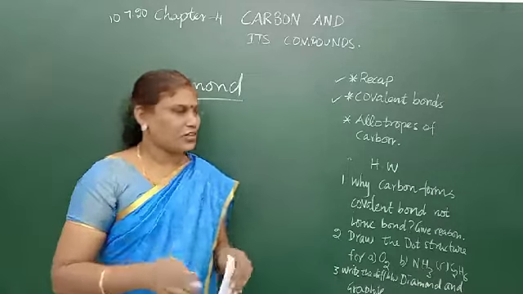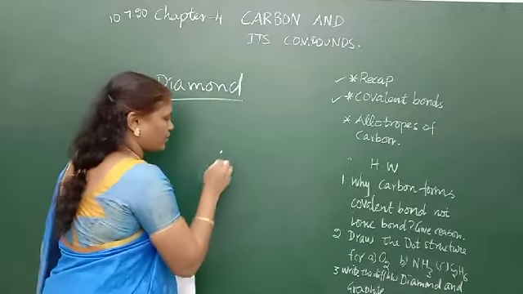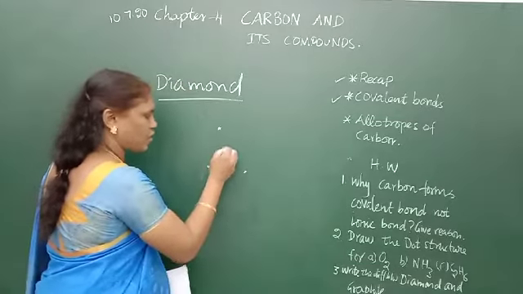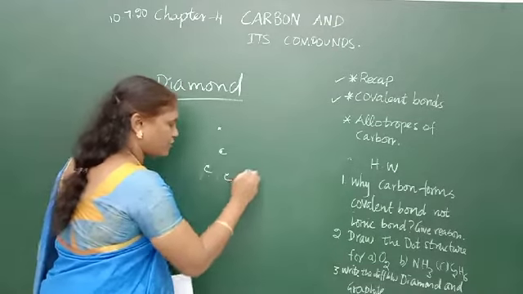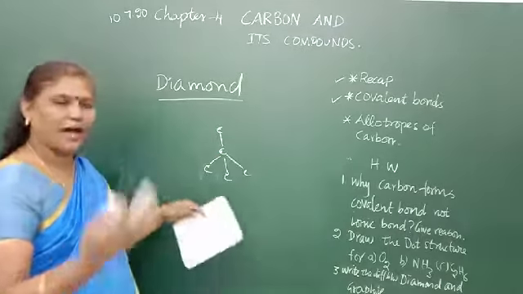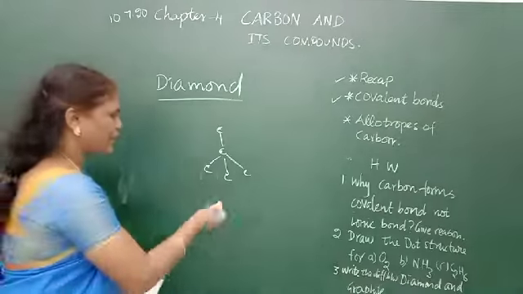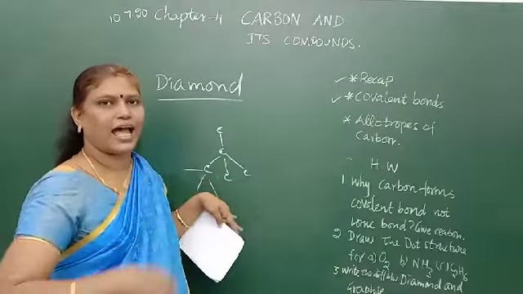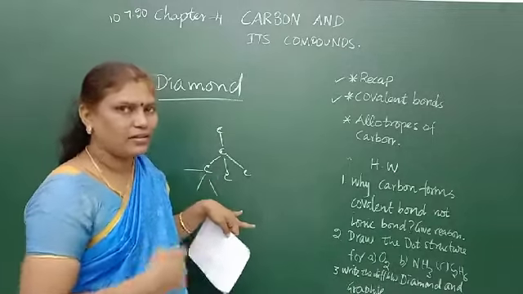The structure: one carbon has a bond with 4 carbon. The carbon is bonded with another 4 carbon, so the valency is satisfied. Like that, it goes on. So one carbon has a bond with 4 other carbon.